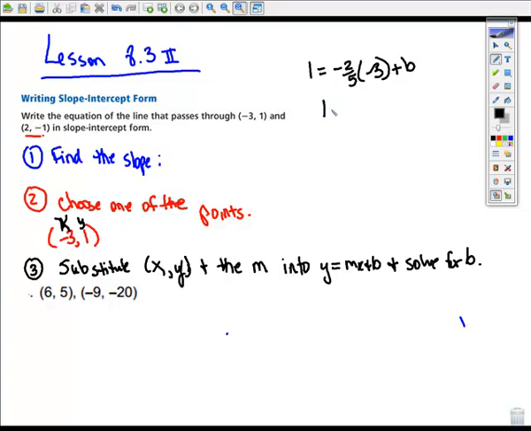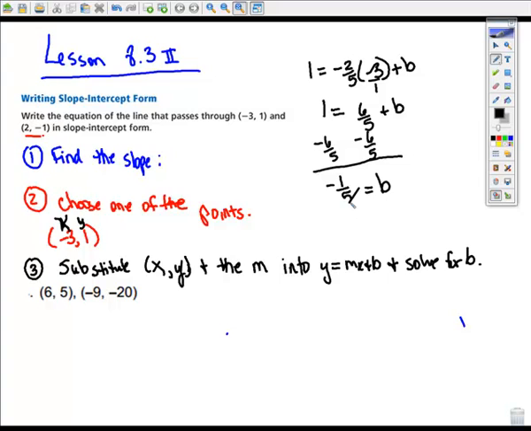So when I solve this, I have 1 equals, you can put a 1 under here if you want, -2 times -3 is +6/5 plus b. And then I need to subtract the 6/5. And when I have 1 whole and I subtract 6/5, that's going to give me -1/5 equals b.